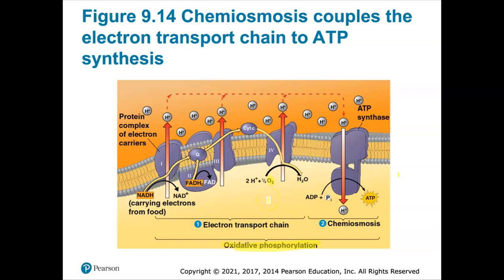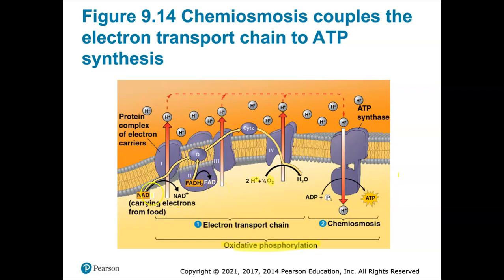And this is the role of oxygen gas, by the way. We haven't even talked about oxygen gas yet, and that was one of our reactants. So far, we've only been talking about glucose. This is where oxygen comes in. Now, the oxygen is going to combine with hydrogen ions, which are also provided by the NADH and the FADH2.